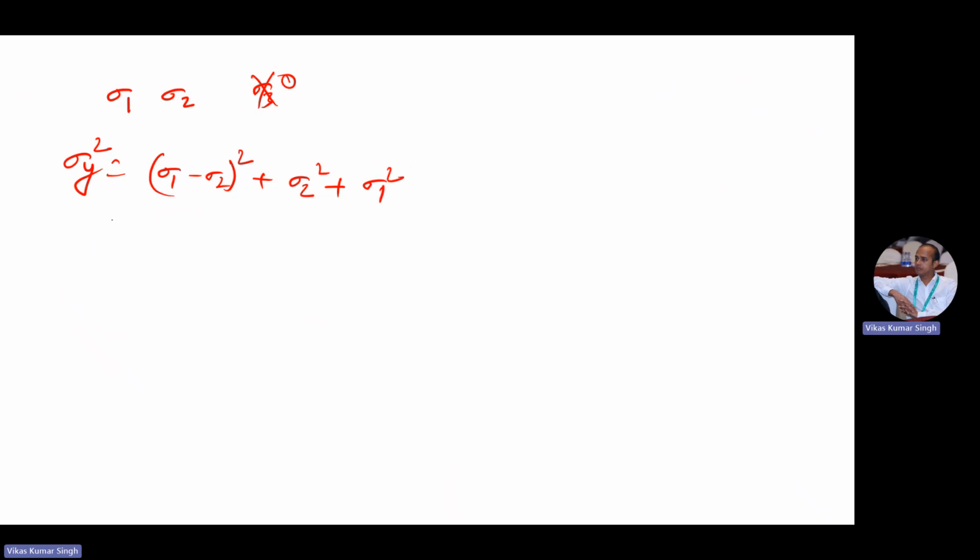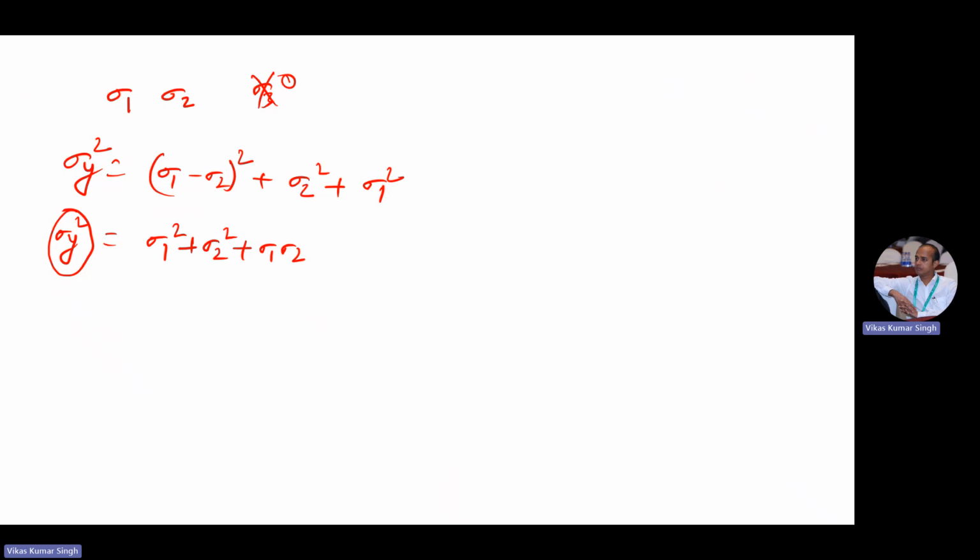When we solve this, finally we get sigma 1 square plus sigma 2 square minus sigma 1 sigma 2. For a given material, yielding is a constant value.